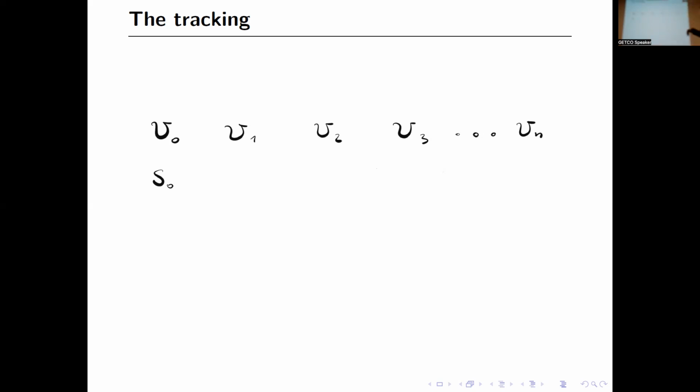Okay, so what's the strategy here? We are given a sequence of multivector fields related by atomic rearrangements, and we are given our initial isolated invariant set, and we are asking what is the future of it. So the strategy is to build the minimal index pair that is a valid index pair for V0 and S0, but is also a valid index pair for V1.